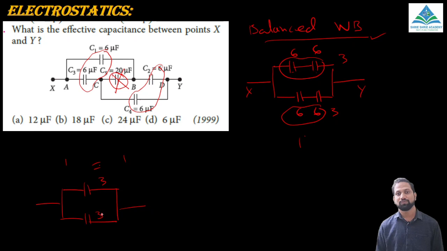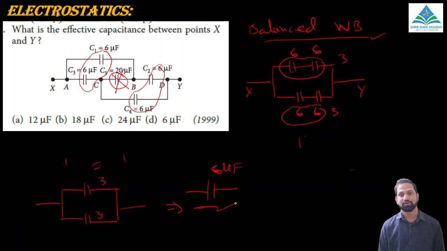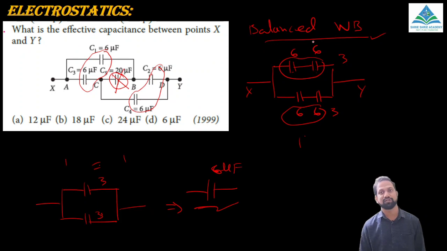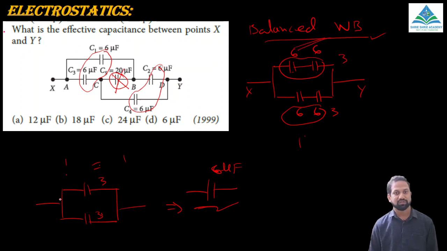Adding 3 plus 3, it will be 6 microfarad. I hope you got it. This one is very simple, it's a balanced Wheatstone bridge condition. Thank you.